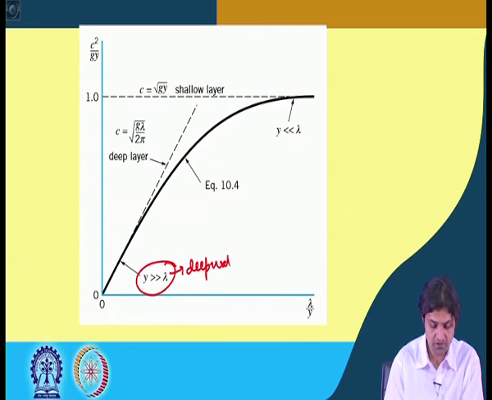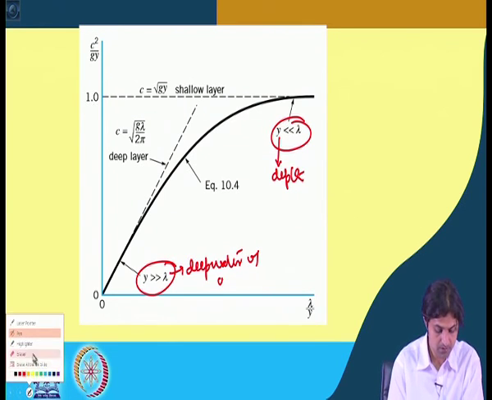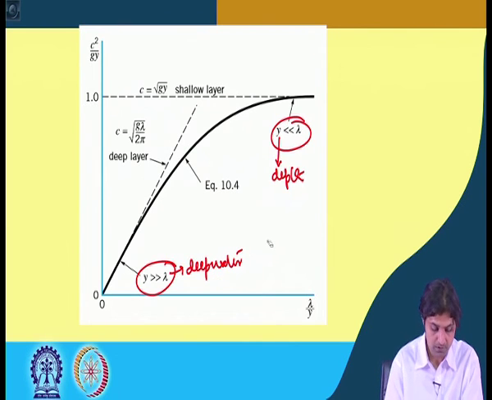So, when somebody says deep water, it is assumed that the depth of the water is much larger than the wavelength. Shallow water means that the depth of water is small compared to the wavelength.